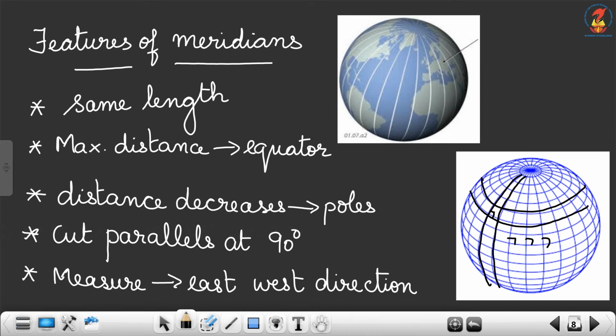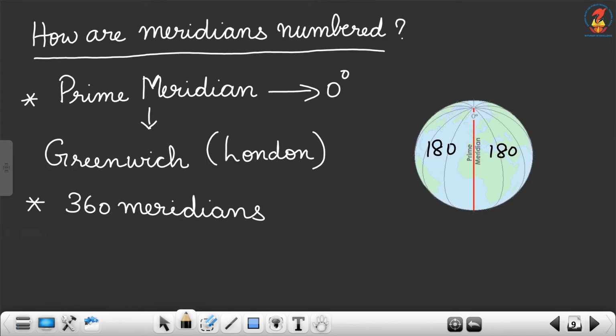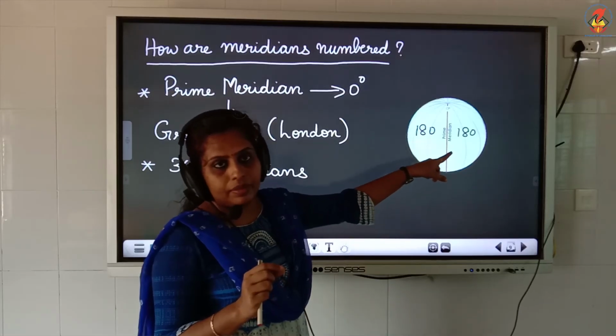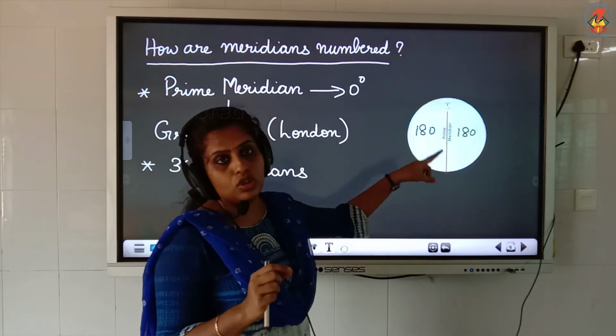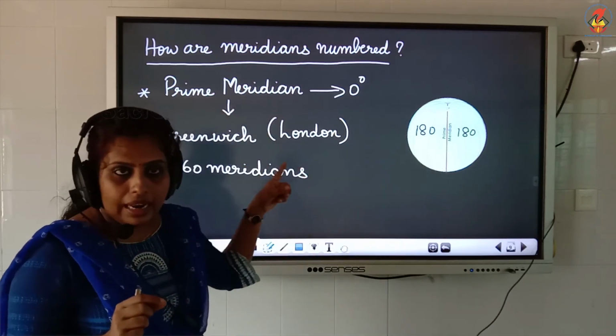Then we said that we can measure the east-west direction. Then we learned how the meridians are numbered, just like the parallels. Numbering starts from the equator for the parallels, but for meridians it starts from the prime meridian, and this line passes through Greenwich in London.